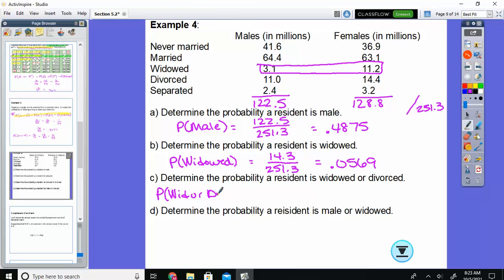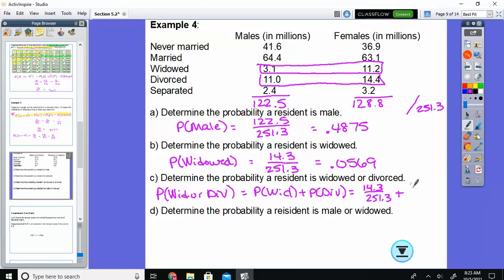Let's see, what's the probability of widowed or divorced? So that's the probability of being widowed plus the probability of being divorced. Can we have overlap here? No, so we don't really have to subtract off, it'll just be 0. So the probability of being widowed, you can take the decimal we already found or this fraction.